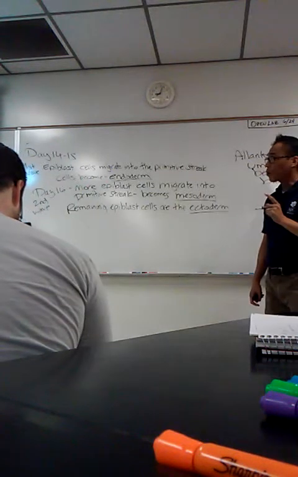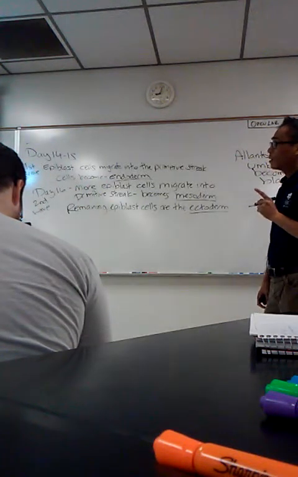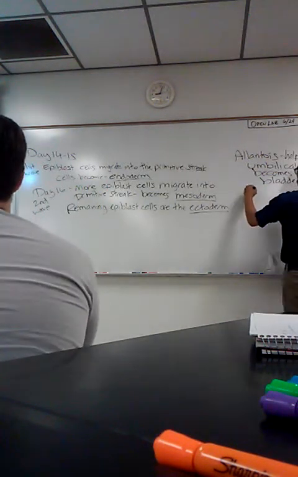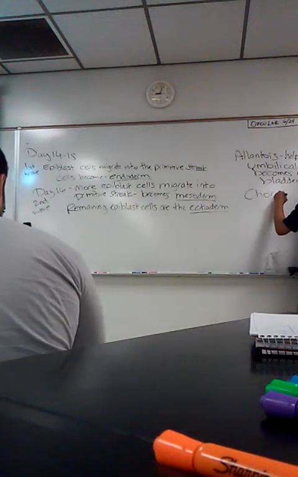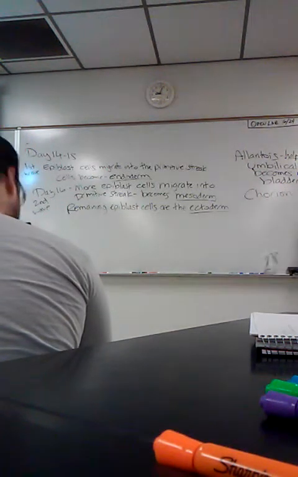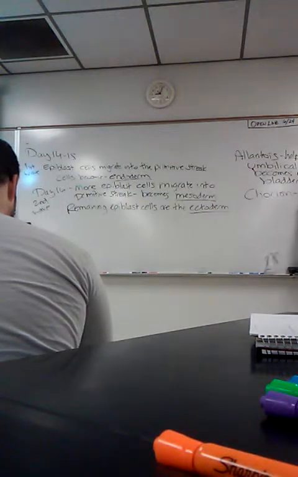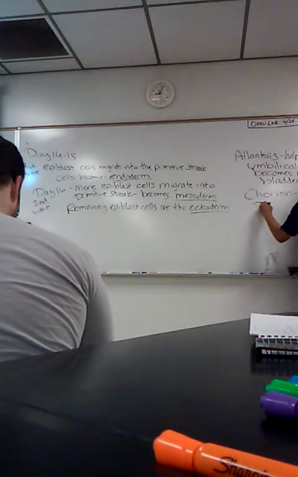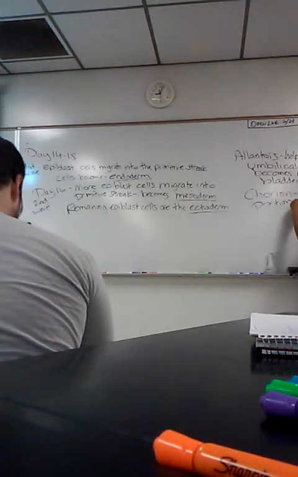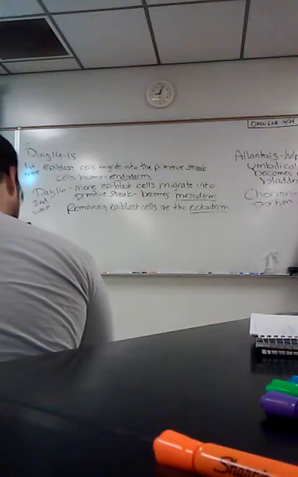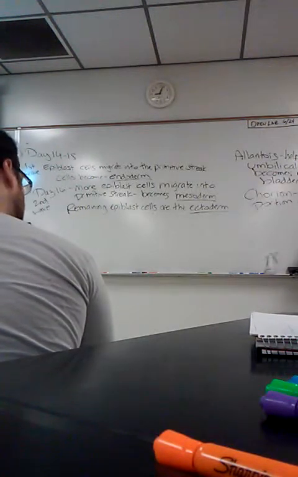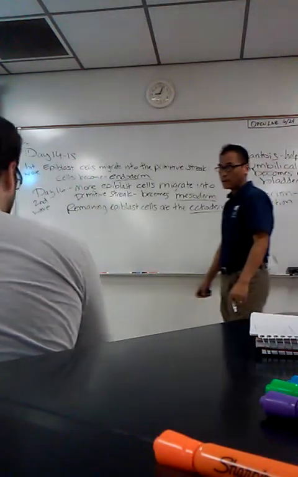I don't have pictures of chorion yet, we don't have enough development, but let's just write it down now. This is the embryo portion of the placenta. So stick a pin in that, and we'll see it later.